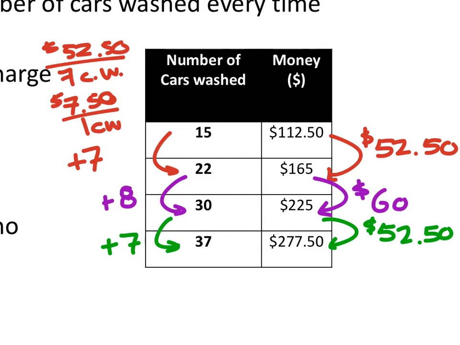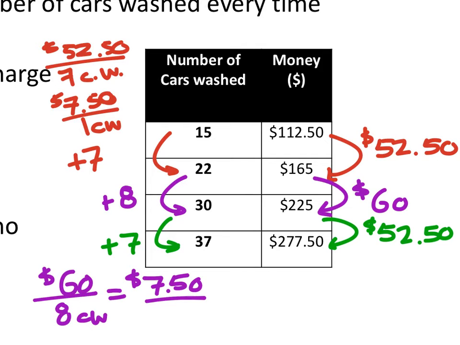All right, now that should be our unit rate, but let me just check with the other ones. So the purple one, right, it was $60 for 8 car washes. And when I divide these, I also get $7.50 per car wash. Now, if for some reason this was inconsistent, it wouldn't have a constant rate of change, which does happen from time to time. And then, of course, that last one, the green, is the red one right there.